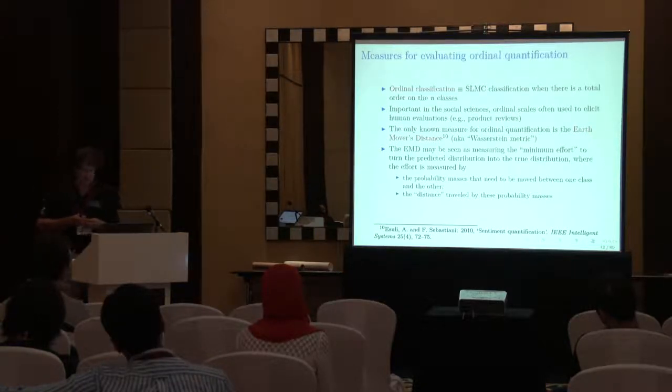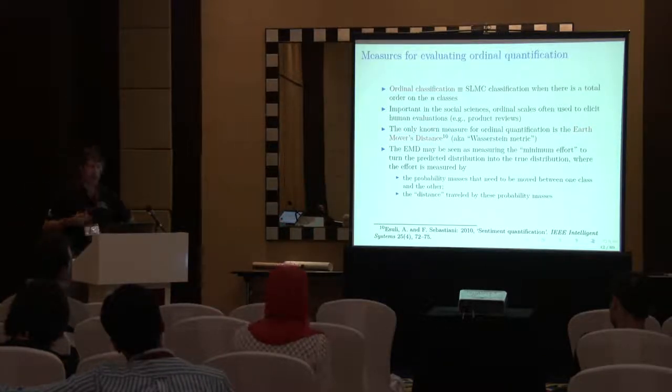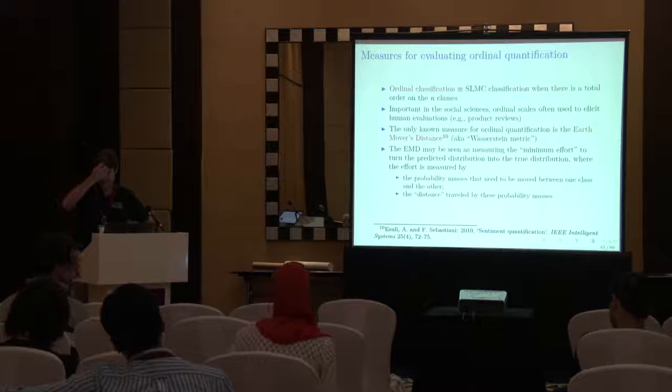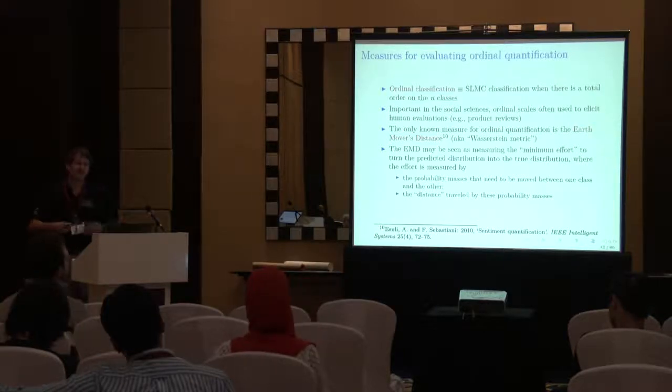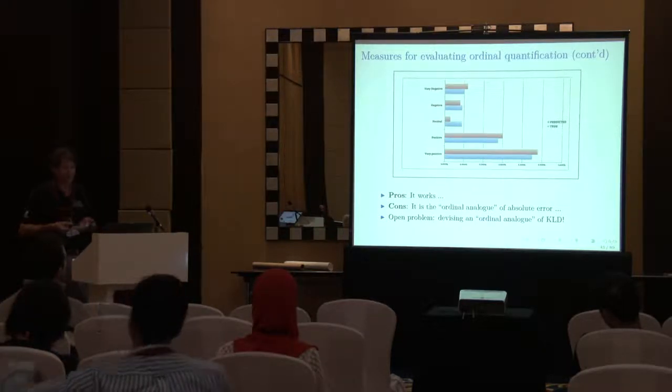The only measure which has been proposed up to now, which I proposed together with a past PhD student of mine, is what people call the Earth mover's distance. In mathematics it's also called the Wasserstein metric. It measures the minimum effort that is needed to move probability masses from one class to the other by taking into account the distances.